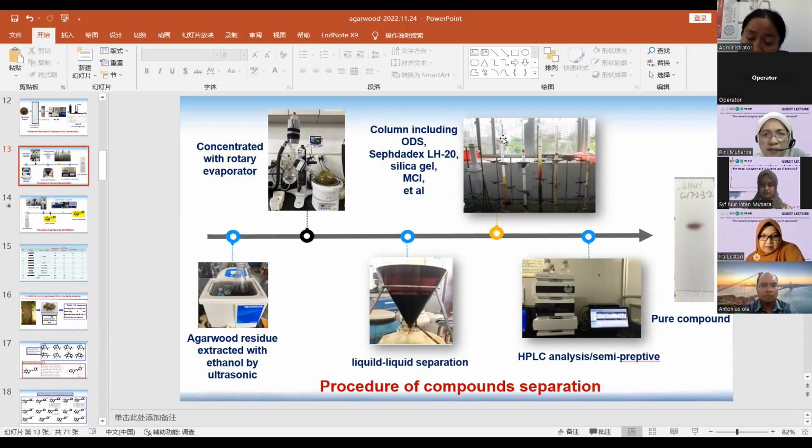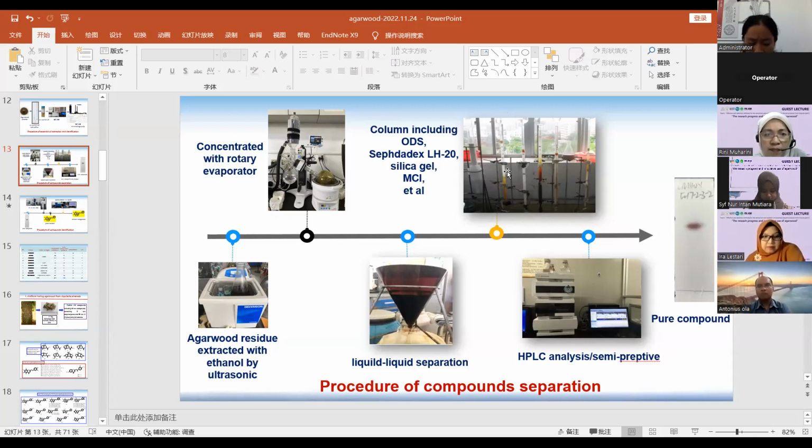You use Sephadex to separate them, because the dimer molecule is bigger, so it can come down very quickly, but the single chromone will come down behind, so you can separate very well.